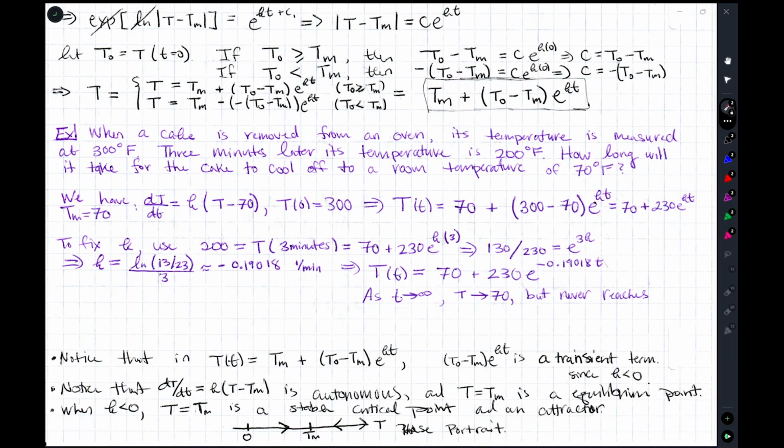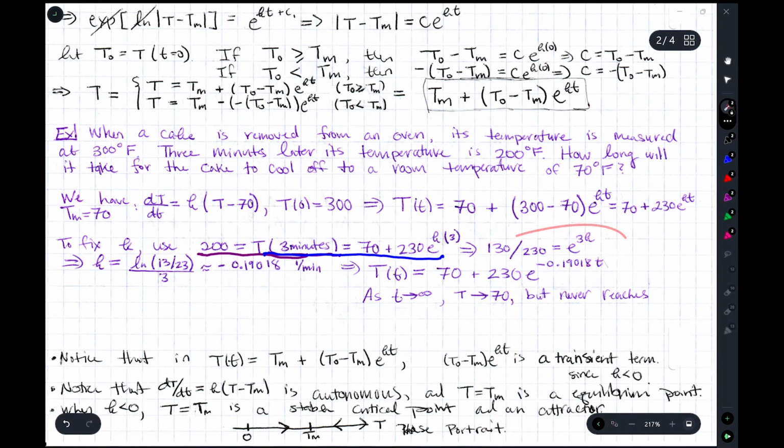And now what are you going to do to fix K? You're going to have the two different pieces of information. The left-hand side is the condition given in the problem, and the right-hand side is what we would get when we plug in 3 minutes into our general form. And we could then solve for K algebraically.